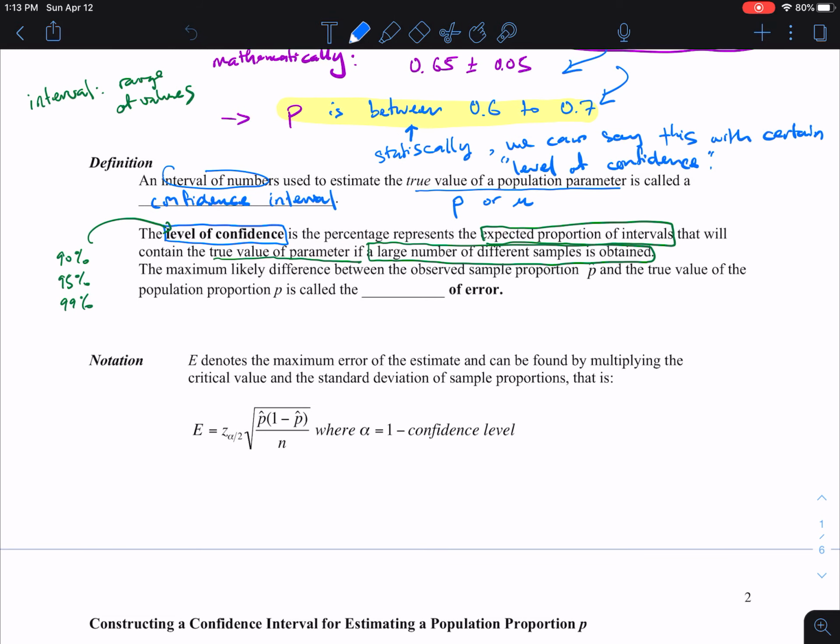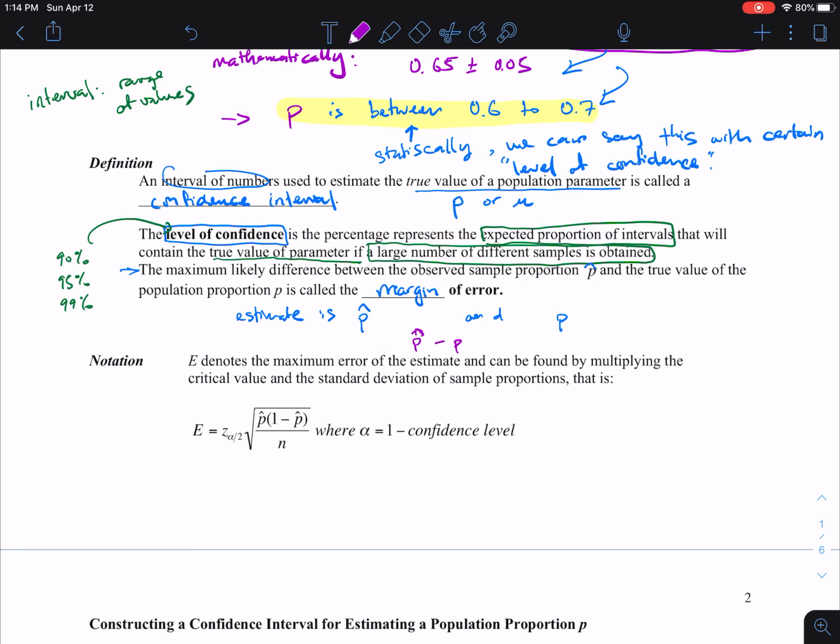called, well, let's start with that one there. They're saying the maximum likely difference between the observed sample proportion p hat and the true value of the population proportion p. This is called the margin of error. So this is saying that if our estimate is p hat and p is the actual value of the parameter, then we look at the difference between them.